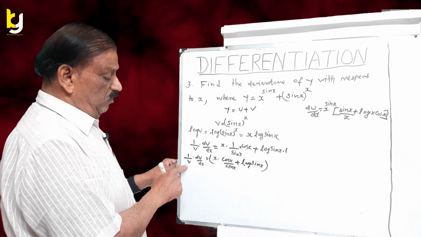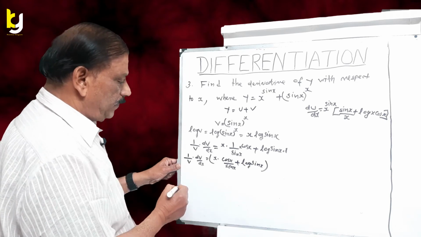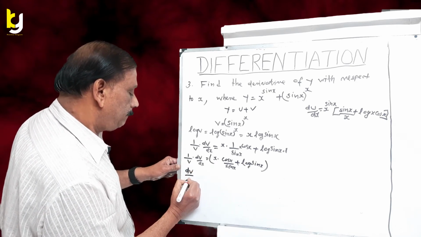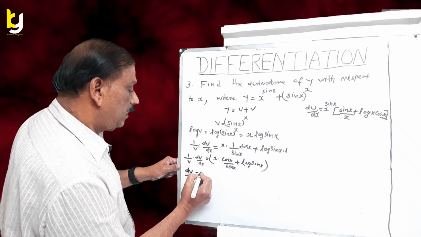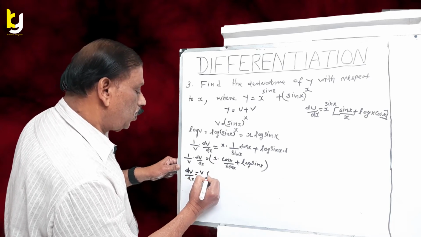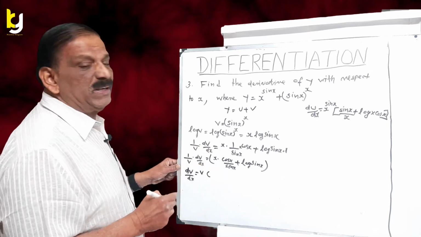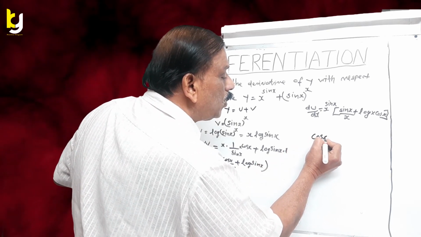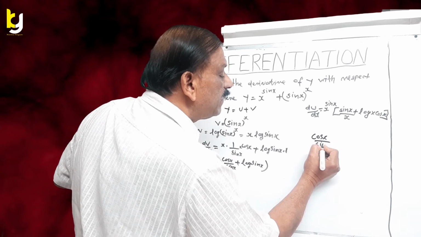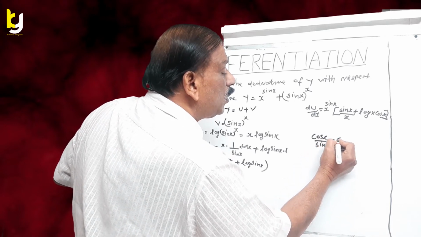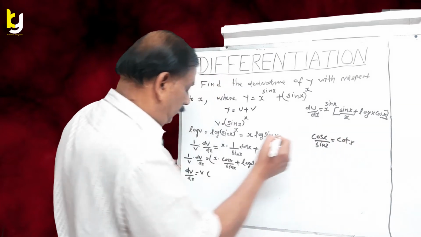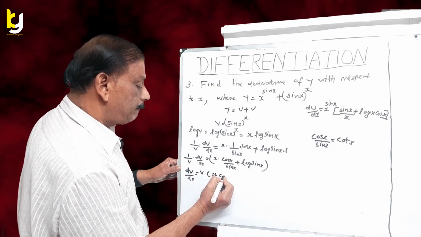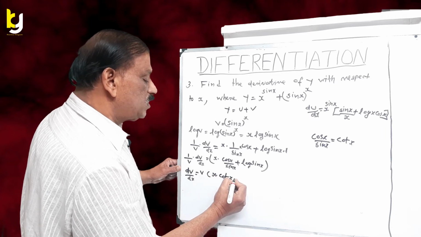Then bring v to the right hand side. Therefore, dv by dx equal v into x into cos x by sin x. Cos x by sin x equal cot x. Therefore, x into cot x plus log sin x.